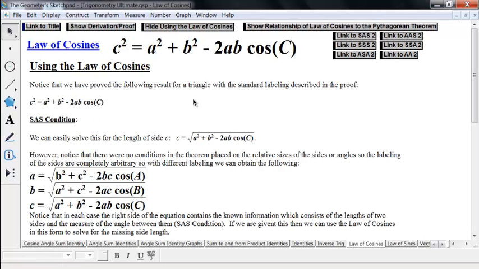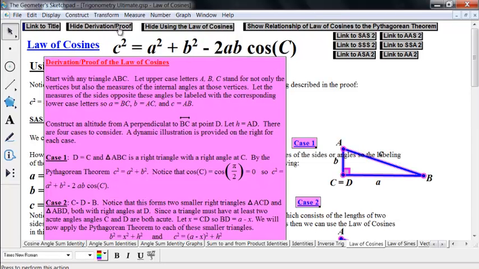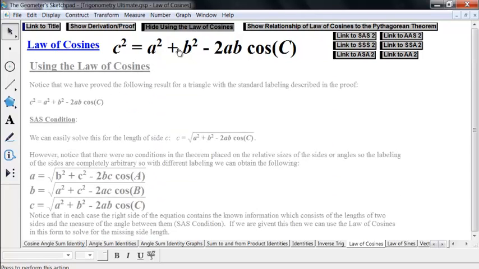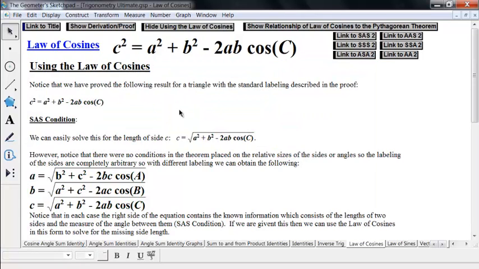So let's review that last time we derived the law of cosines in the tab Law of Cosines, and recently we went over a video of how this is derived. When you click on Show Using the Law of Cosines, you can see that once you find the basic equation, c squared equals a squared plus b squared minus 2ab cosine of c, we can easily solve for side c by taking the square root.